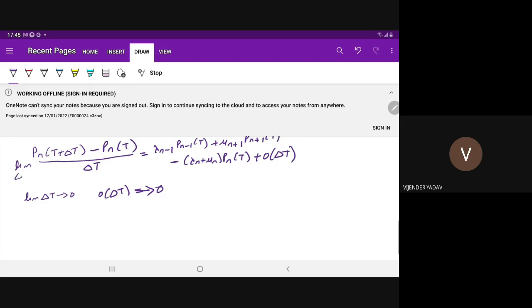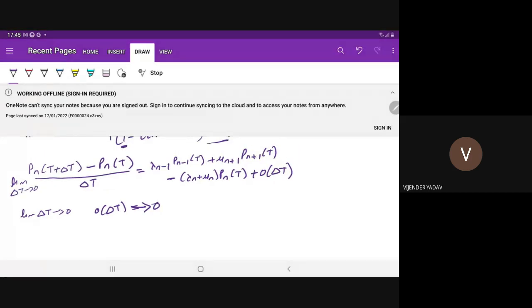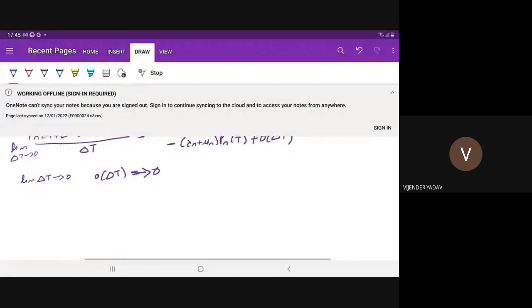So if you take the limit delta t tends to 0, can you recognize what is the left hand side? First derivative, correct, of p n of t.